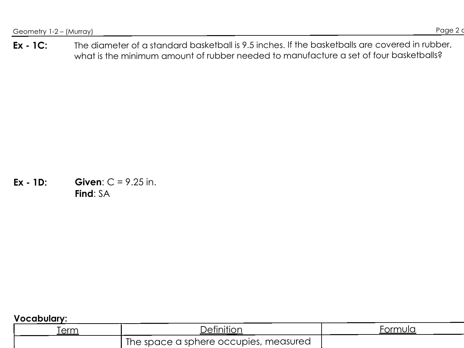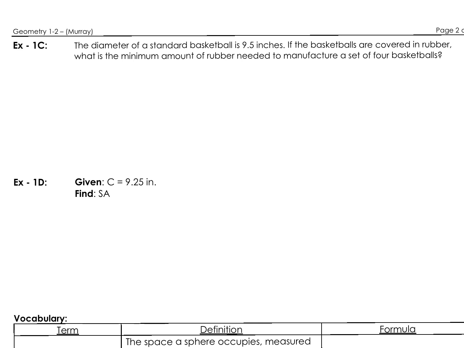Since we're just covering the outside, we're asking for surface area. So I want you to find the surface area of 1 basketball. Note that they gave you the diameter, so we really want the radius. And then we need 4 of them. So go ahead and pause the video, complete the problem, and show all your work, formula driven, not scratch work, and then restart the video.